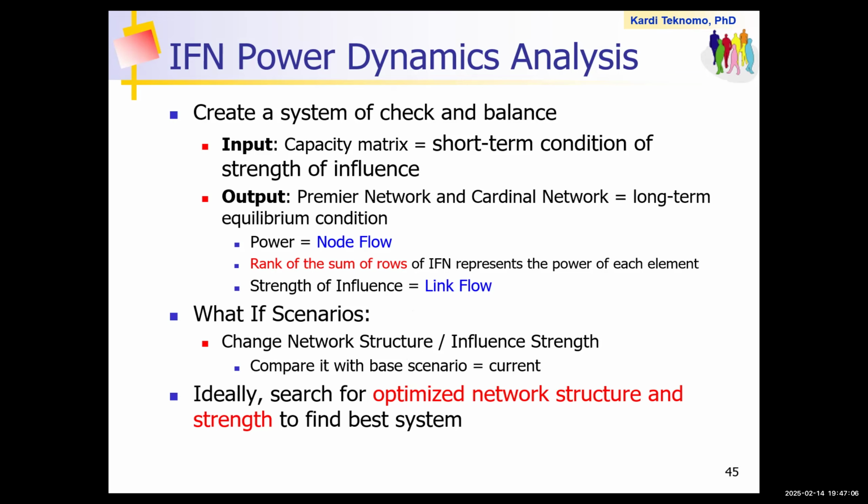And then you can compare. You have base scenario, alternative scenario, and so on. Ideally, of course, you will search until you get the optimum network structure and strength to find the best system. At least you have a base scenario and alternative scenario.